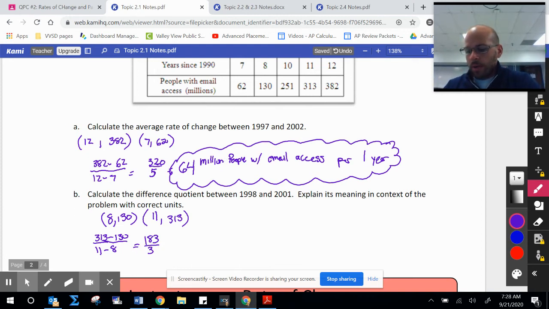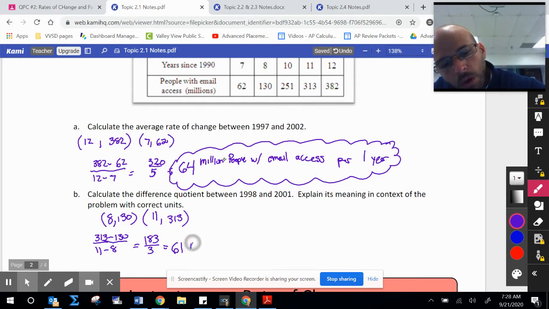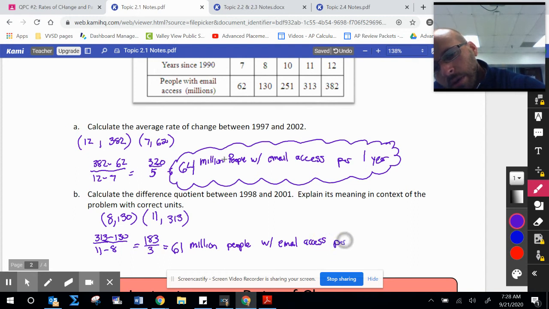So if you take that 183 divided by 3, I get 61. Okay, so then I can say I have 61 million people with email access per 1 year.